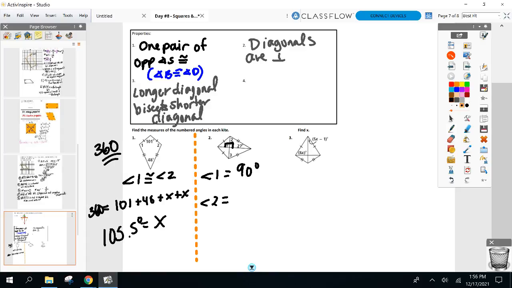Do you guys see a triangle where you know 2 out of the 3 angles? Yeah, right here, this one on the top right. So I could do 180 minus 90 minus 27. Everyone see where I'm getting that from? No kite property, other than I guess the diagonals are perpendicular. So angle 2, what was that one? 63? How's that look?